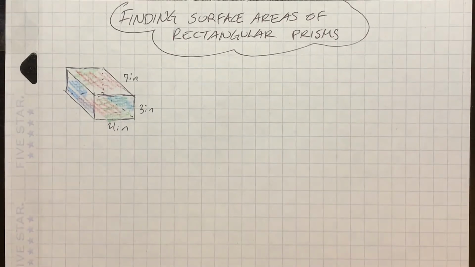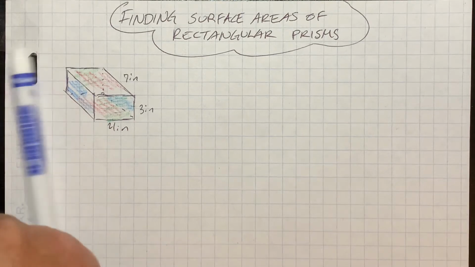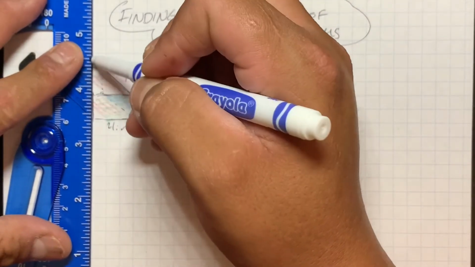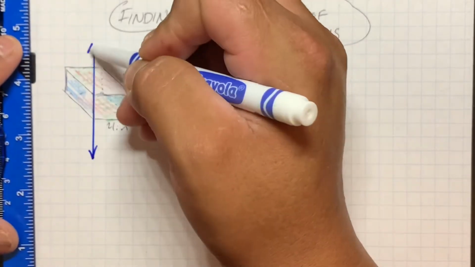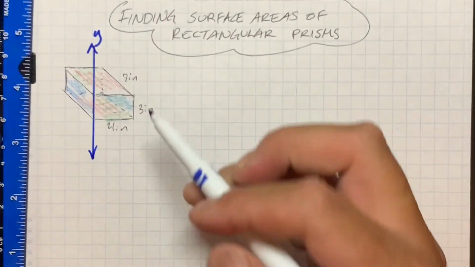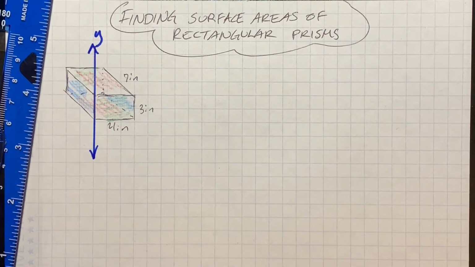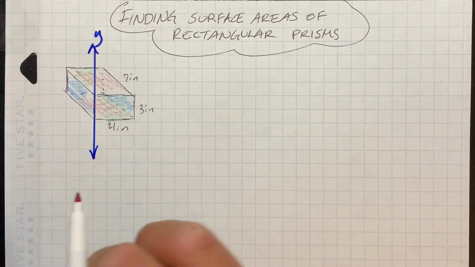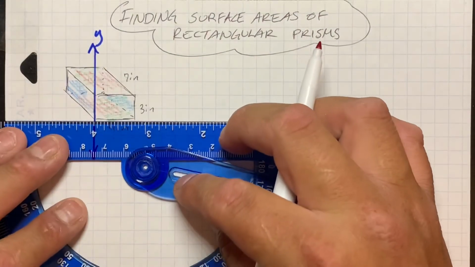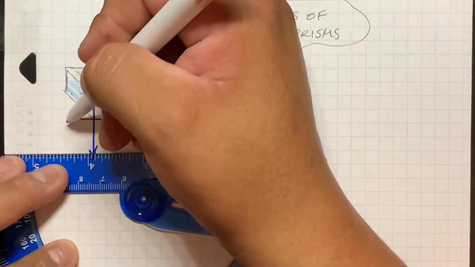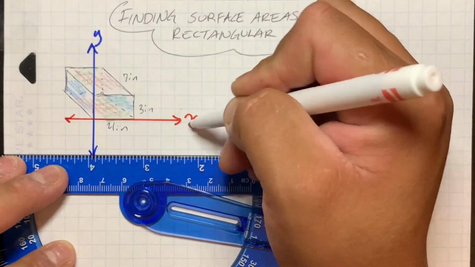So let's go over this. It does have a height, which would be the y-axis, and the height is 3 inches tall. It also has a width, and the width is the x-axis.